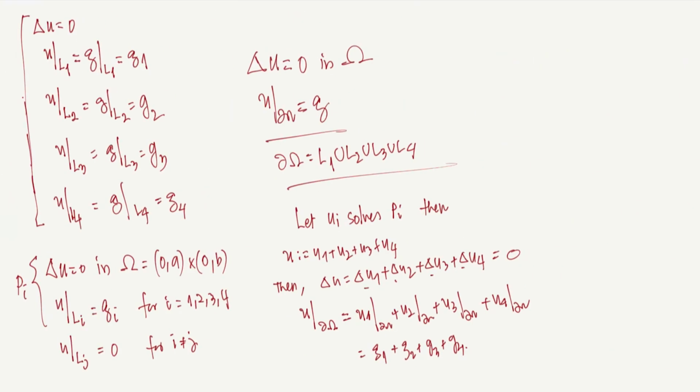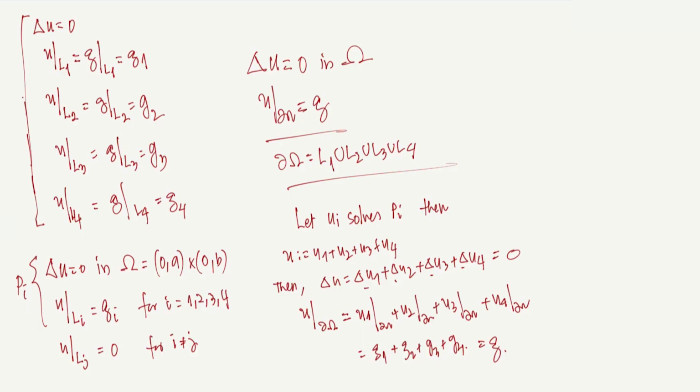That is the first problem. So you see, u1 solves the first problem. So basically u1 restricted to the boundary should be g1, and then u2 restricted to the boundary should be g2, similarly g3, g4, right? So now you see, this solves the problem which is essentially our g. Clear? Okay, so this is the whole idea.